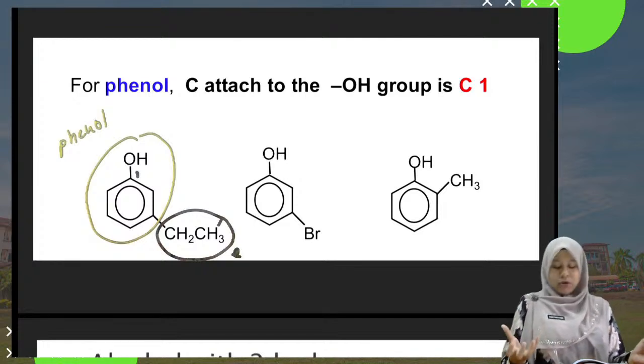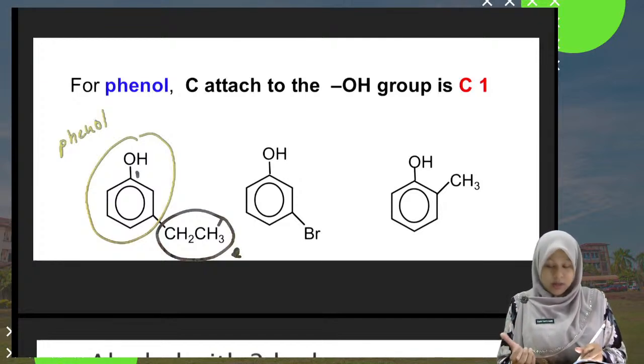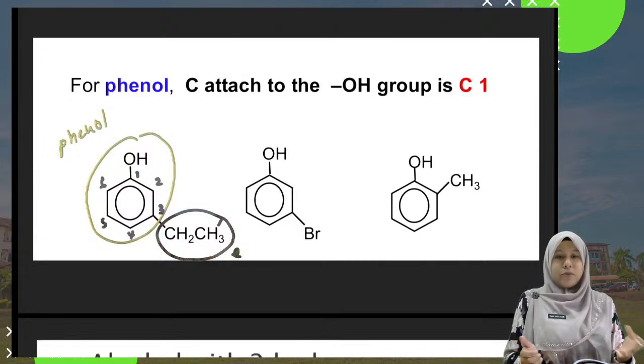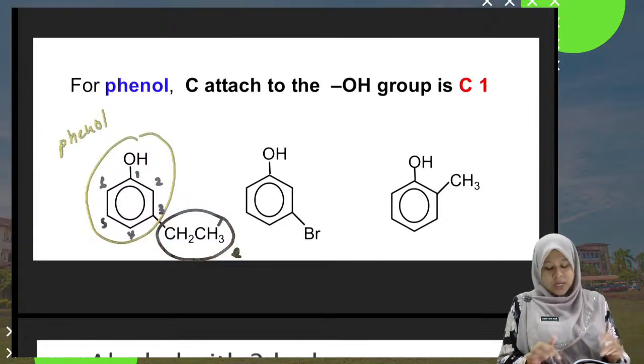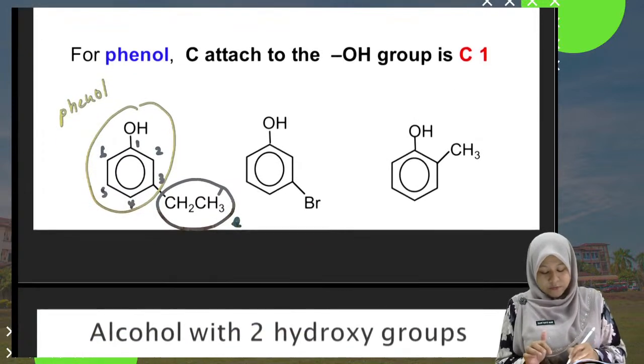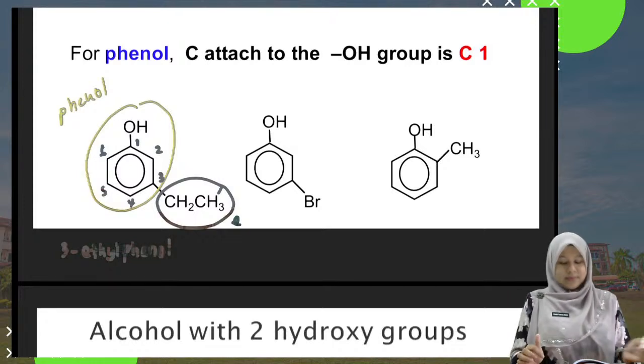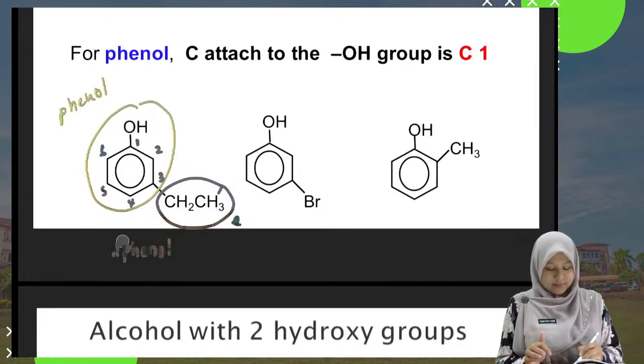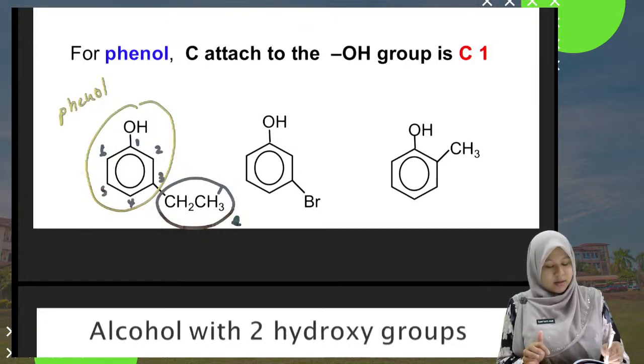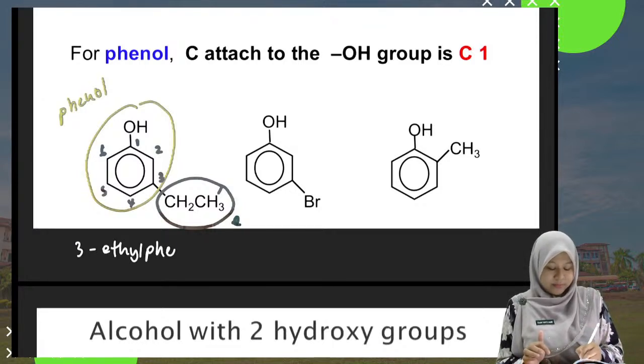Okay, the carbon bearing OH, we put at number 1, and then number 2, 3, 4, 5, 6. And you must consider the substituent must be at the lowest possible number. So the compound will be given as 3-ethylphenol.